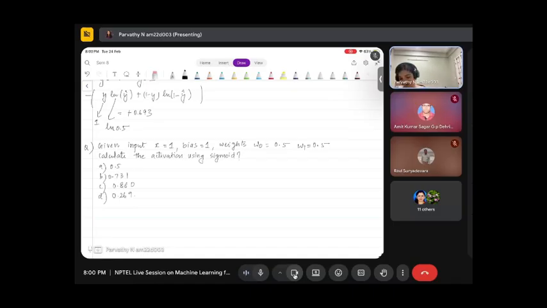Then what is the activation using sigmoid? Yeah, so just have to do.